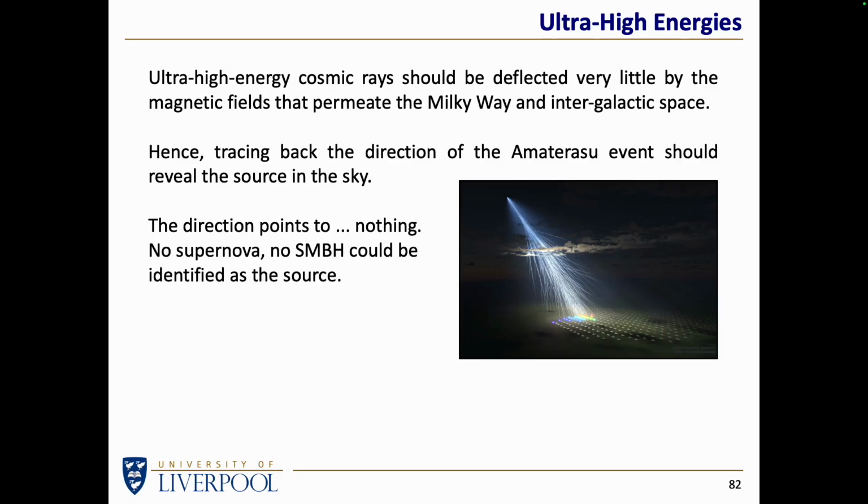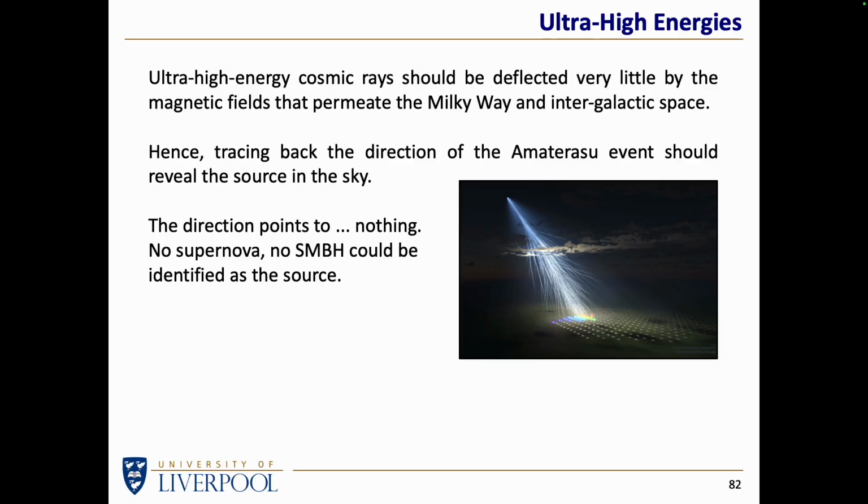No supernova remnant could be found in that direction. No galaxy with a supermassive black hole or very active galactic nucleus could be identified. So although something extremely energetic hit the Earth, we assume it came from that direction, but there doesn't seem to be anything in that direction.